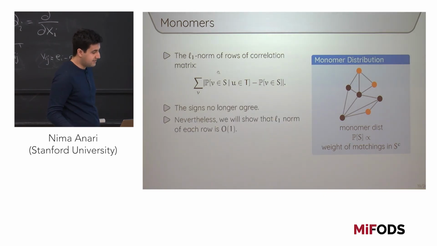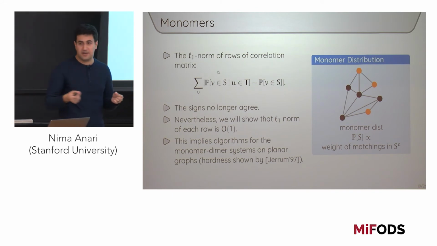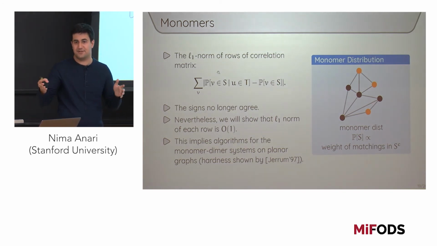But the strategy is... so before I go into the proof, this random walk between monomers of a graph is actually tricky to implement computationally, because given a set S, computing this weight corresponds to computing the weight of perfect matchings in the complement, which is still an unresolved problem.